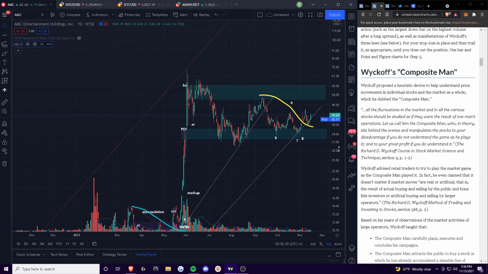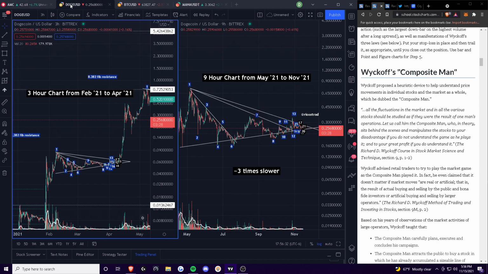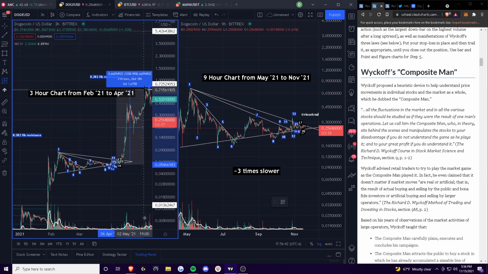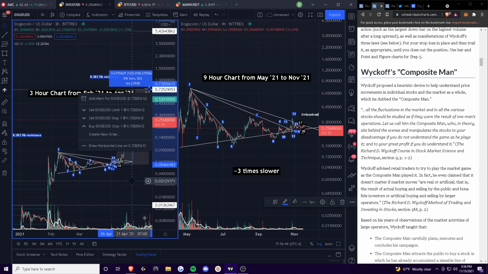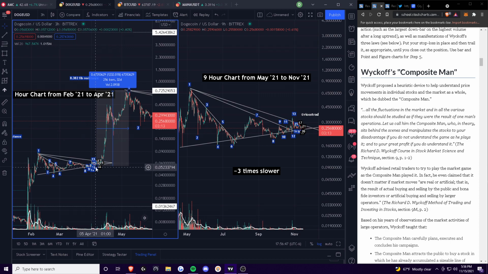Because remember, we said that Doge ran for, and this is going to be a longer run in my opinion, I think, what did it run for last time? It ran for 30 days from this breakout, pretty much. 30 days, 28 days, till its ultimate peak.